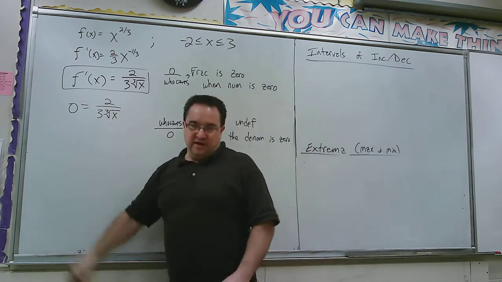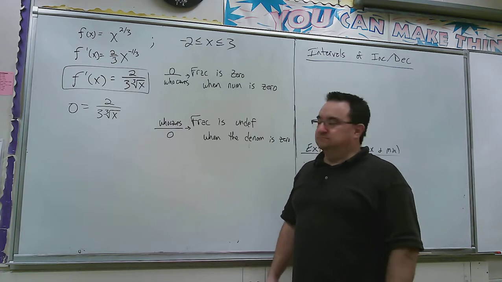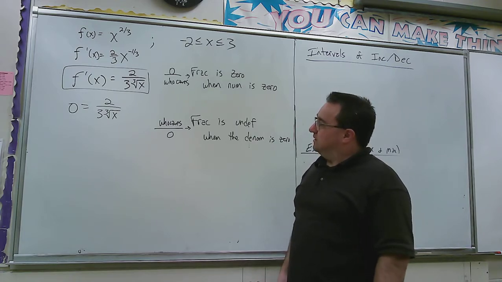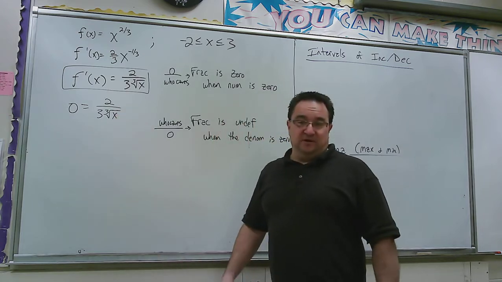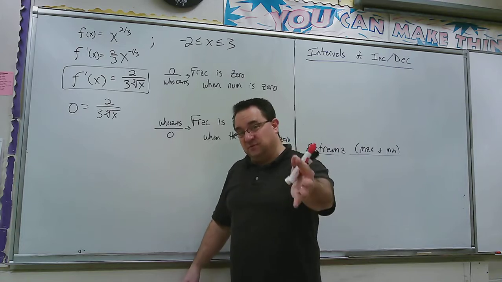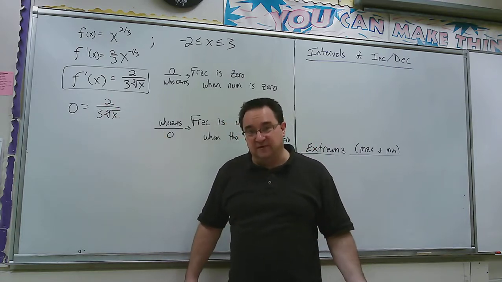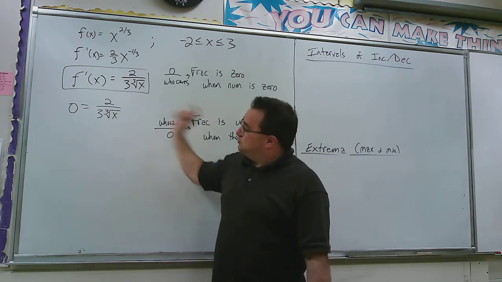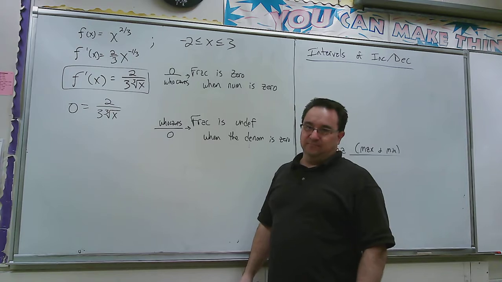Now look at that fraction. Can that fraction ever be 0? The answer is no, because there is a 2 up there. There's no x's. You cannot make a 2 into a 0. If it was 2 times x, then I could plug something in for x that made it 0, but that's just a 2. This fraction can never be 0.